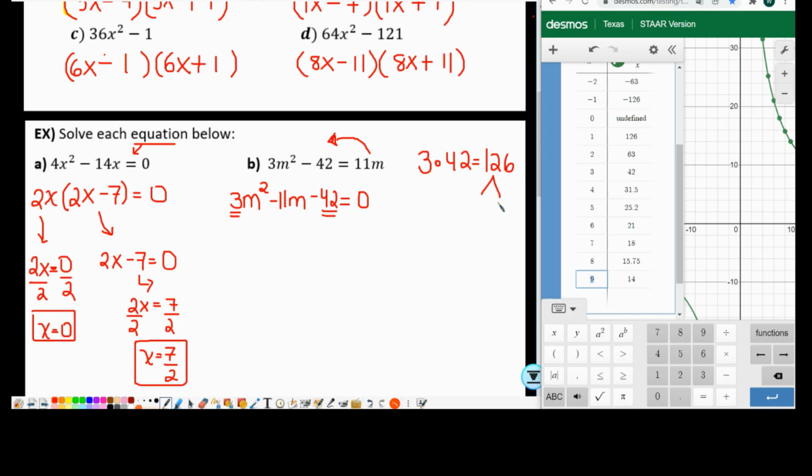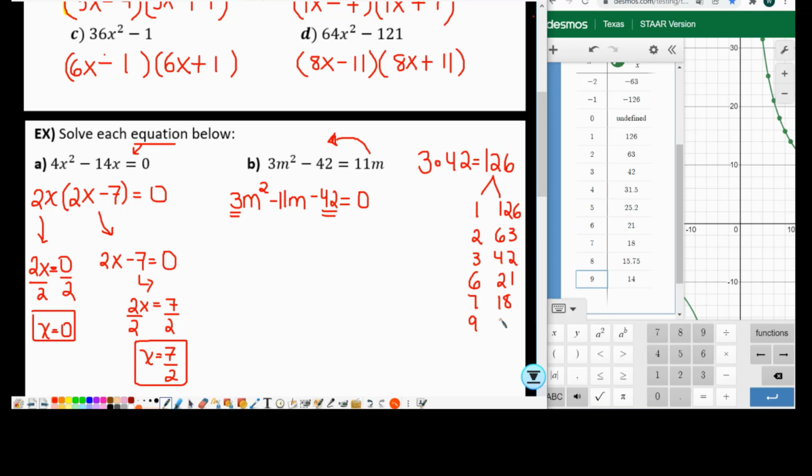Now we start the list starting with 1, so 1 and 126, 2 and 63, 3 and 42, 4 doesn't work because it's a decimal, 5 also doesn't work because it's a decimal. Then we have 6 and 21, 7 and 18, 8 doesn't work.